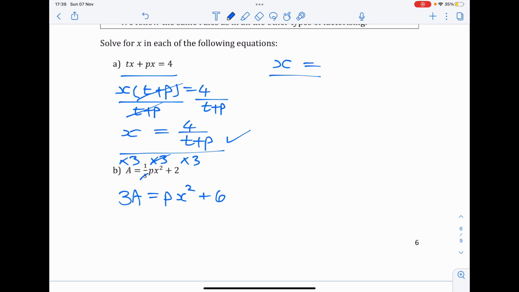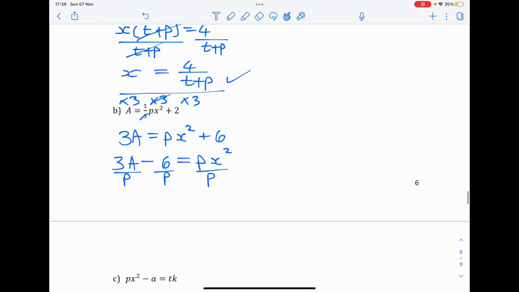Now we can take over the 6, so 3a minus 6 equals px squared. Now we want to get rid of the p, so we can divide everything by p. So we are left with 3a over p minus 6 over p is equal to x squared.